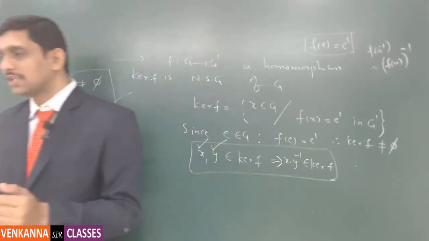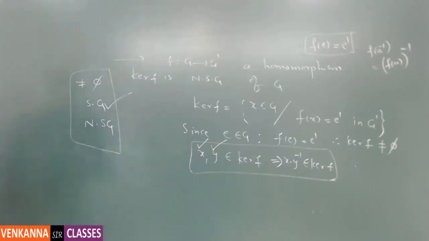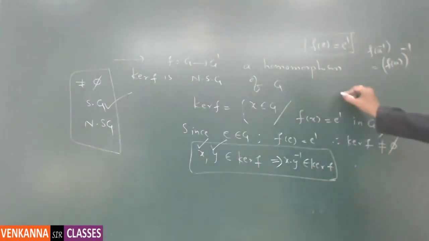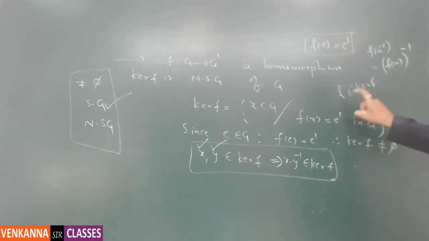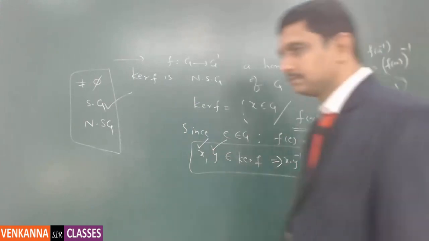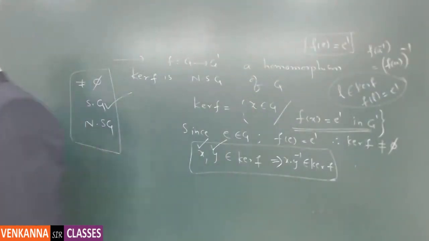Did you get the context? Yes or no? I repeat that again. If I want to show that L belongs to kernel, for this I have to prove that f of L is equal to identity, as per the definition of kernel. Is everyone clear?